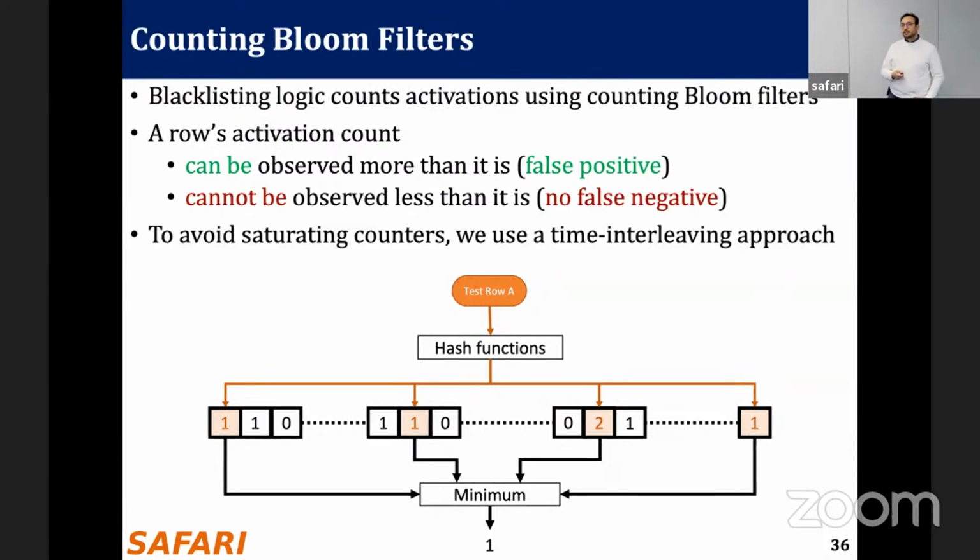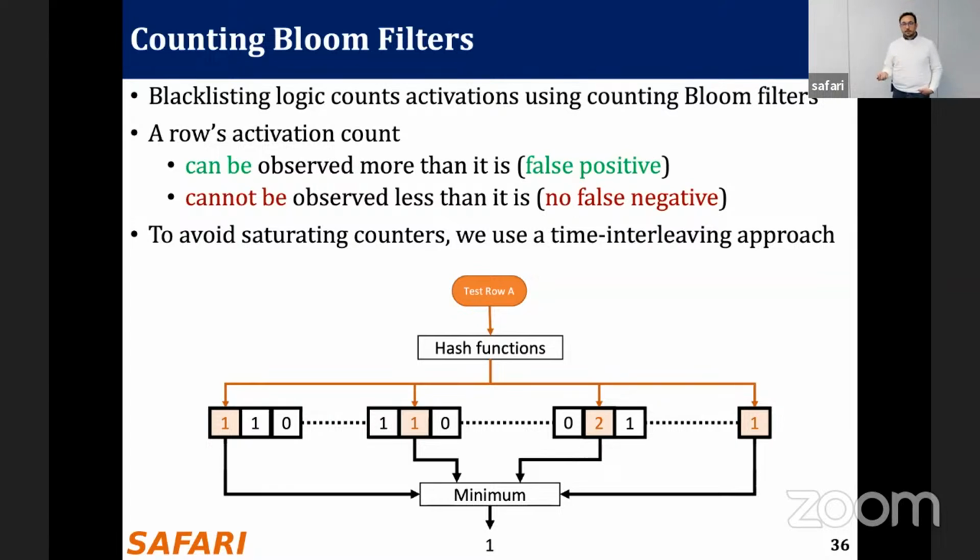What this means is that if a row is an aggressor row, if the activation count is high, we always detect this row, and we sometimes detect some rows that do not actually have a high activation count, but we think that they are high. But this is okay because it doesn't cause any bit flips.